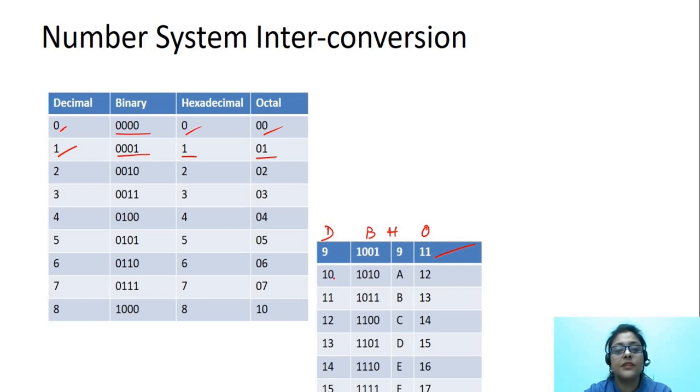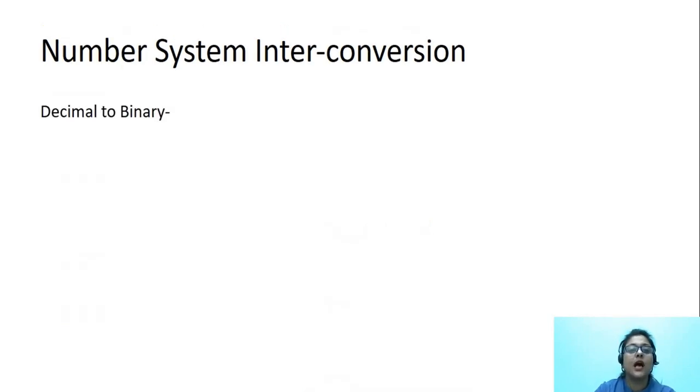For decimal number 10, the binary format is 1010, the hexadecimal number will be A, and octal number is 12. In this fashion, when we go up to 15, the binary number is 1111, hexadecimal number is F, and octal number is 17.